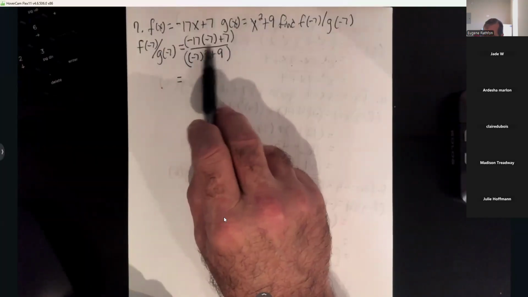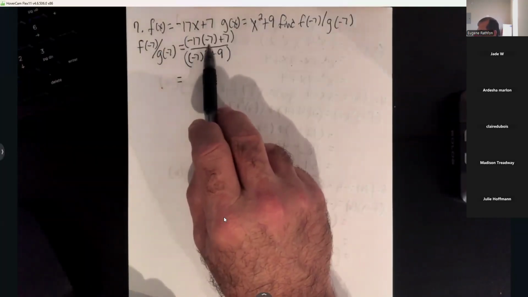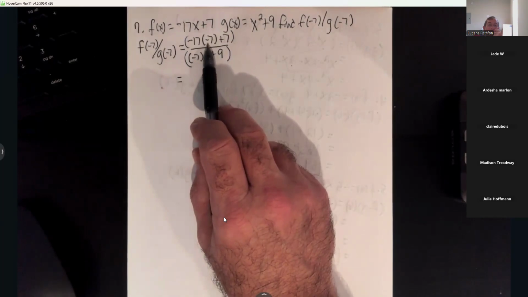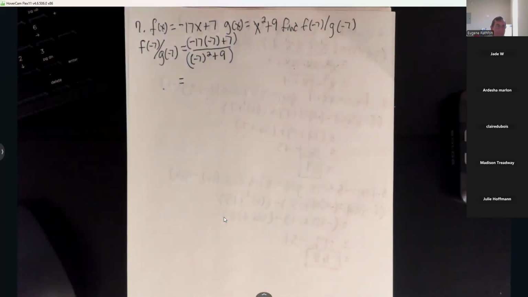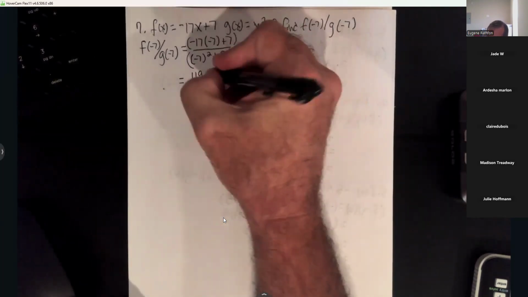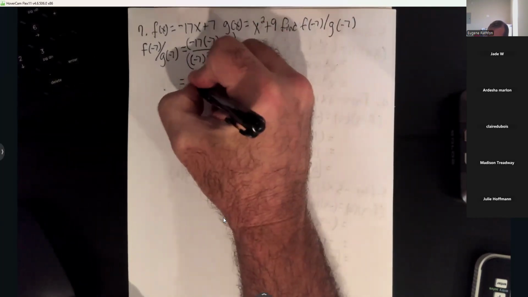So let me do that by hand and show you how they got to that. The first thing I'm doing is I'm going to work on top. So y'all figure out what that is. Negative 17 times negative 7. That should end up positive, right? So 119, and I still got my plus 7.